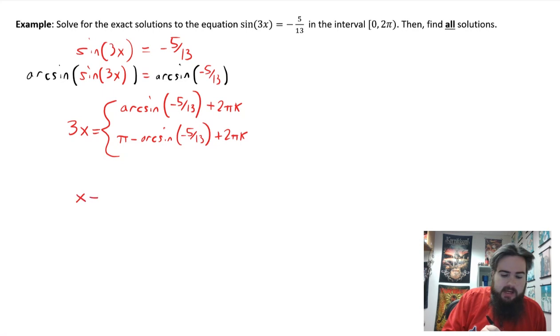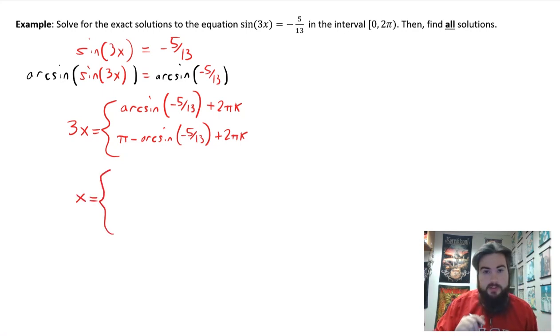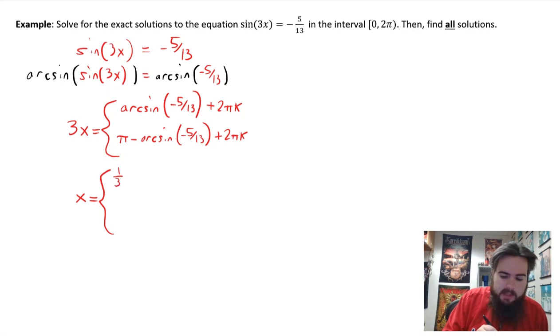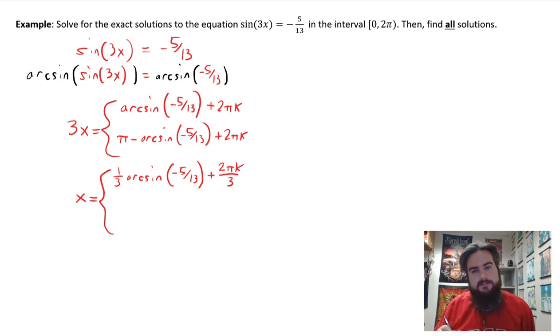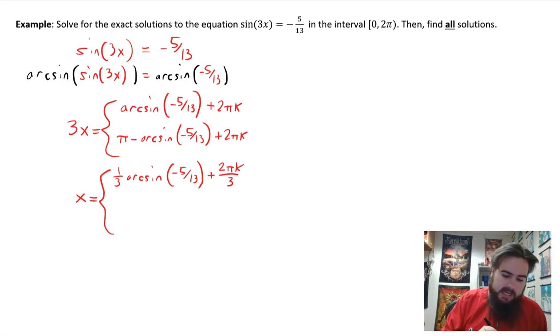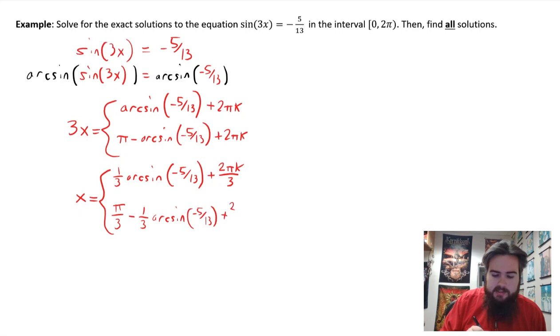So if I divide everything by 3 in both solution sets, that will give me 1/3 arcsine of negative 5 over 13, which I'm not going to simplify any further because I do not know what arcsine of negative 5 over 13 is, plus 2 pi k over 3. Second set will be pi thirds minus 1/3 arcsine of negative 5 over 13 plus 2 pi k over 3.